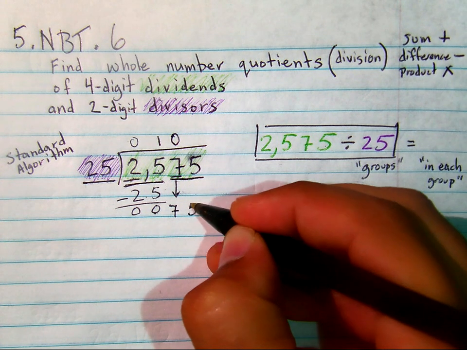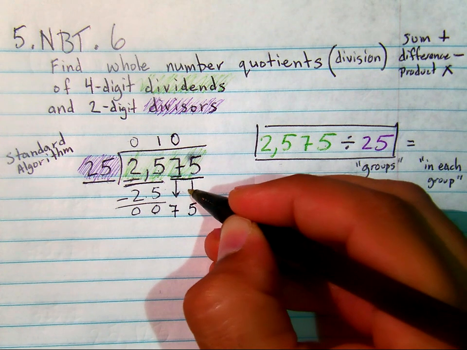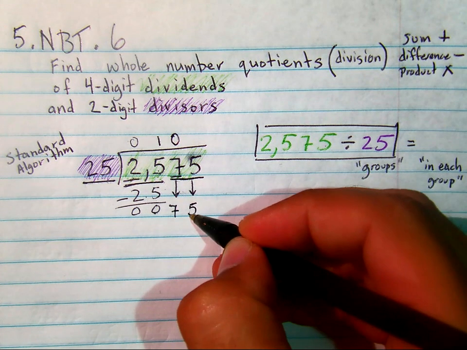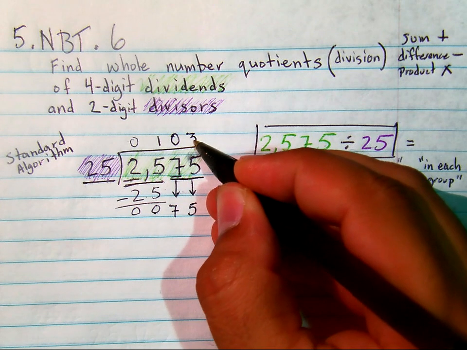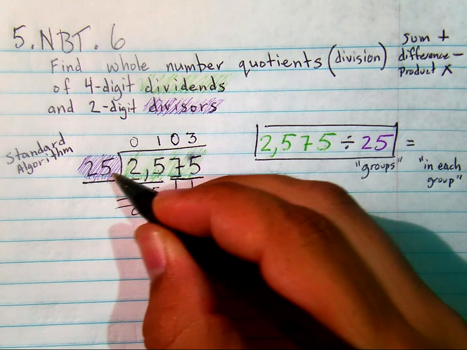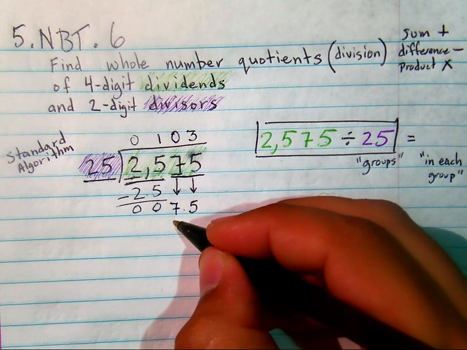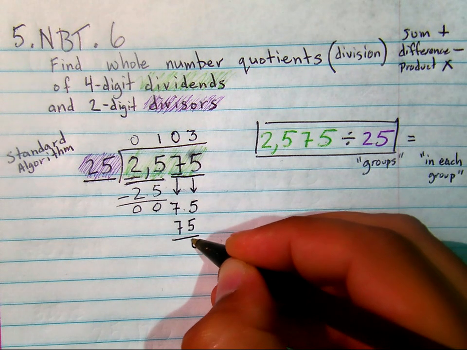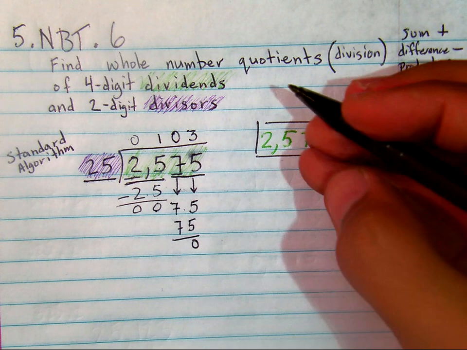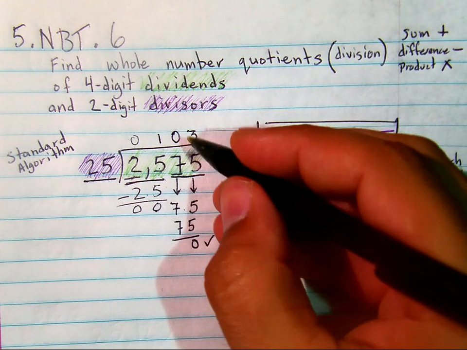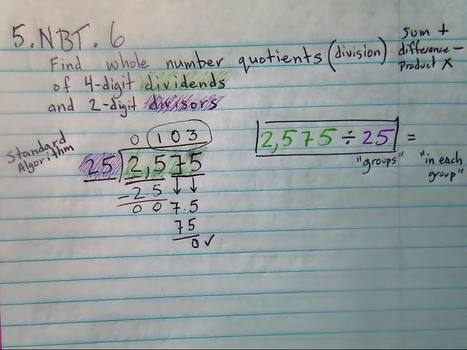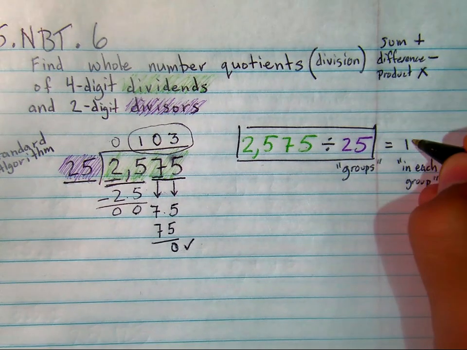If we bring this down as well, then we know that 25 can go into 75 3 times. That's easy. 3 times 25 is 75. And we're going to end up with no remainder. And so that's going to get us our quotient. Okay? That's going to be how many are in each group.